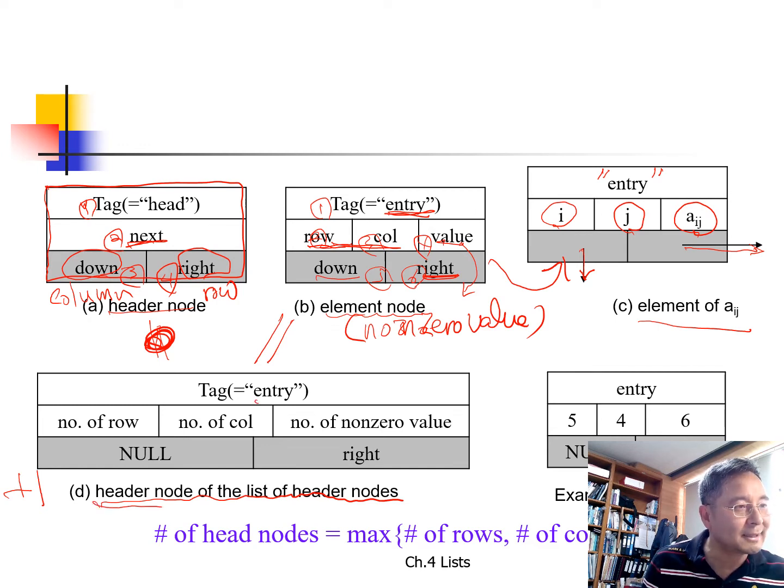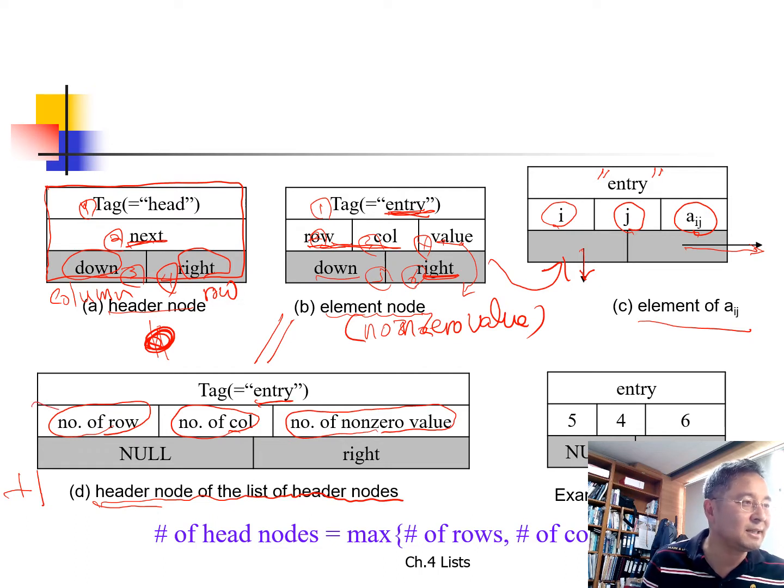This also has the tag as entry, not head. It is a header node, but the tag field value is entry. And the row field is not the location. It is the number of rows in the original sparse matrix, and the number of columns of the original sparse matrix. And the value is the number of non-zero values in the sparse matrix.